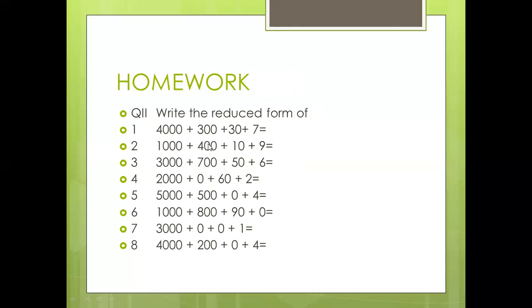Second one, 1000 plus 400 plus 10 plus 9 is equal to dash. 3000 plus 700 plus 50 plus 6 is equal to dash. 2000 plus 0 plus 60 plus 2 is equal to dash. 5000 plus 500 plus 0 plus 4 is equal to dash. 1000 plus 800 plus 90 plus 0 is equal to dash. 3000 plus 0 plus 0 plus 1 is equal to dash. 4000 plus 200 plus 0 plus 4 is equal to dash.